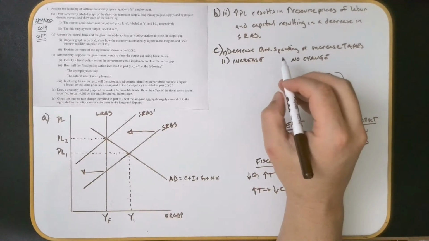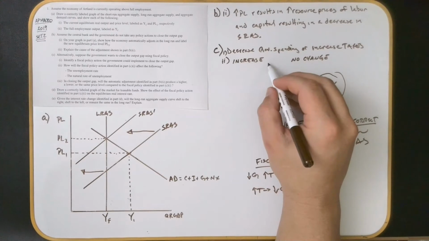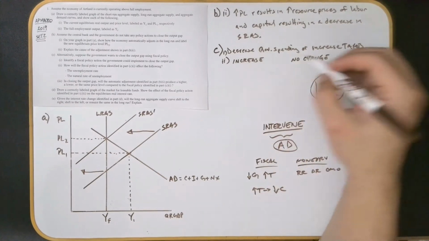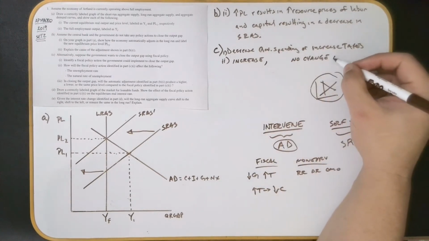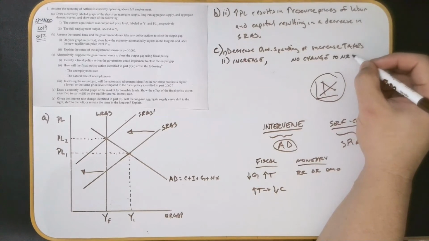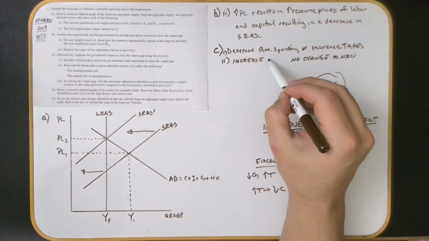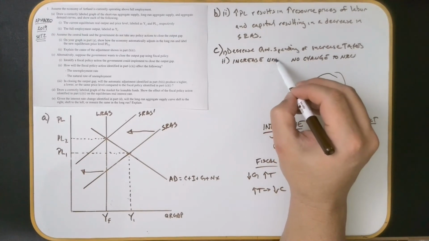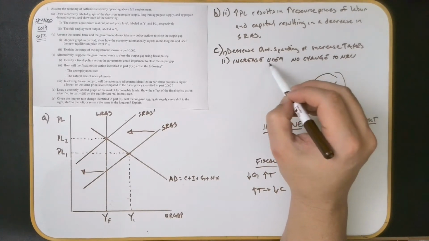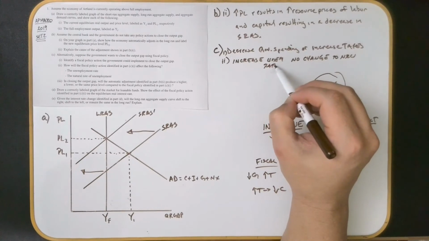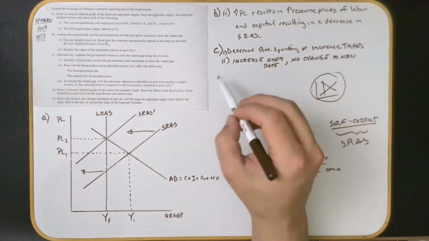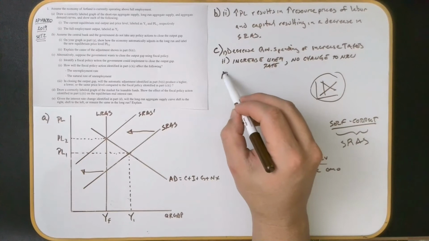Increase for the first part, and I'll just put comma, no change to natural rate of unemployment. And I'll put increase on unemployment rate. No change to NRU.